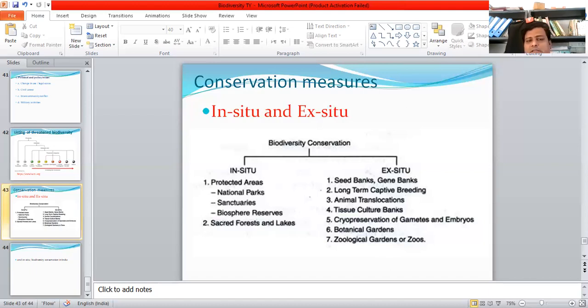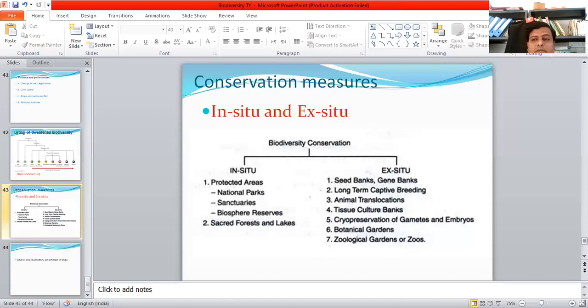Cryopreservation, which we discussed earlier, is a newer technique used for conservation. The temperature is as low as minus 196 degrees Celsius, and the material is stored in liquid nitrogen. The metabolic activities of the organism, sample, or tissue that has been stored are suspended due to this low temperature.